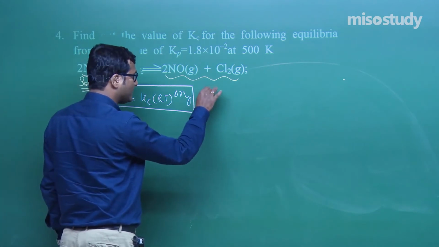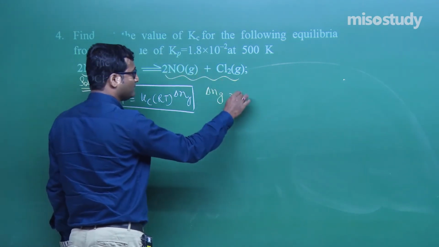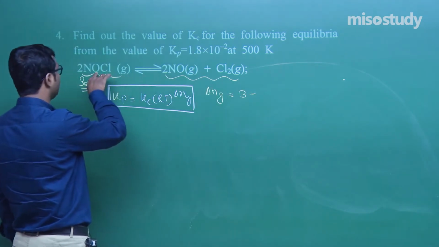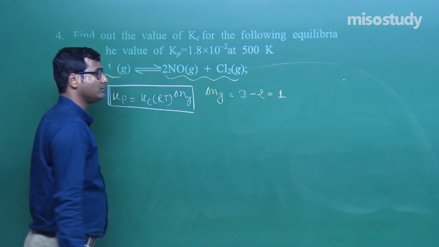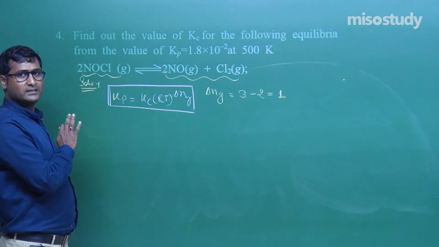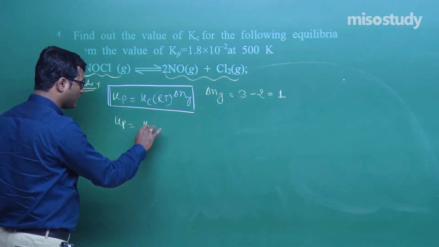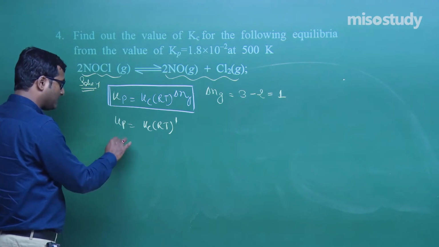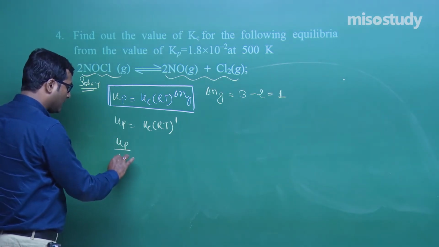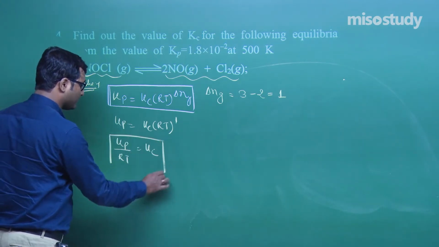So what is delta Ng? 2 plus 1, 3, minus 2, that is delta Ng is equal to 1. Now we can write Kp is equal to Kc RT to the power 1. Kp upon RT is equal to Kc. Now we have the answer.